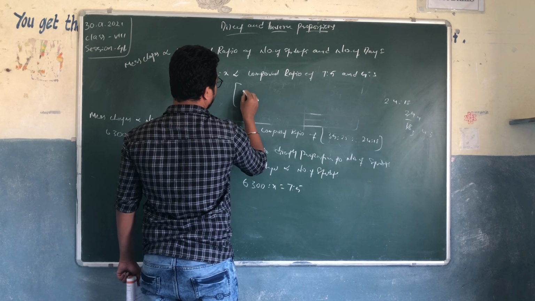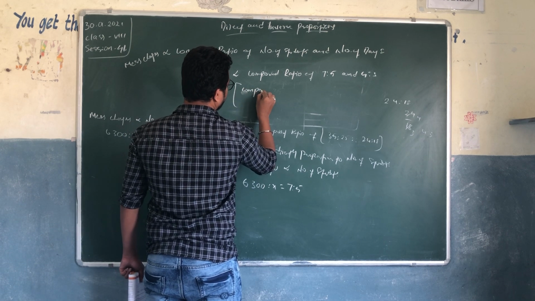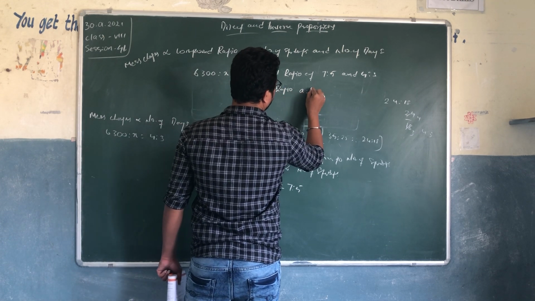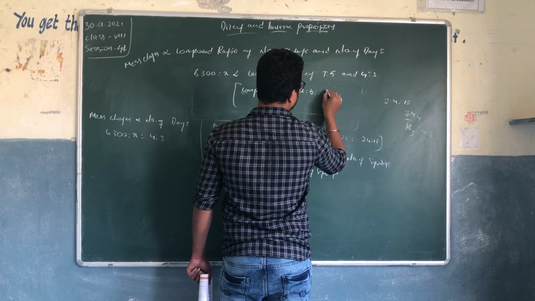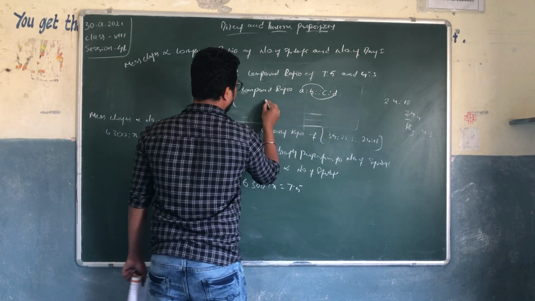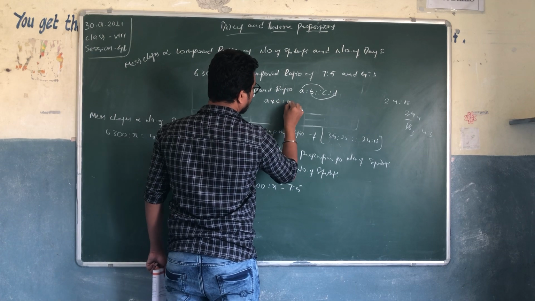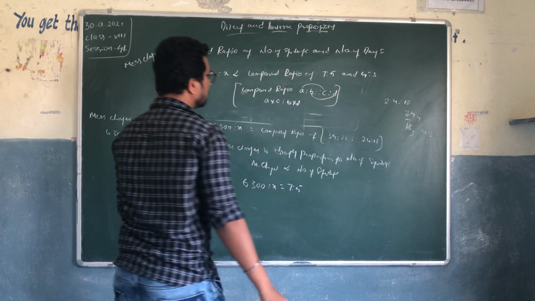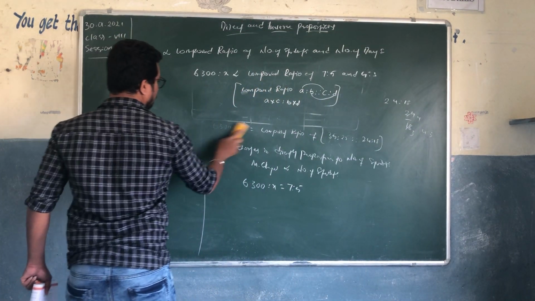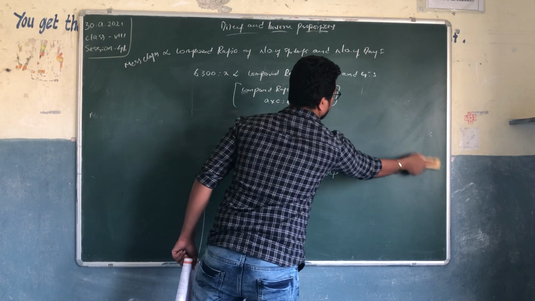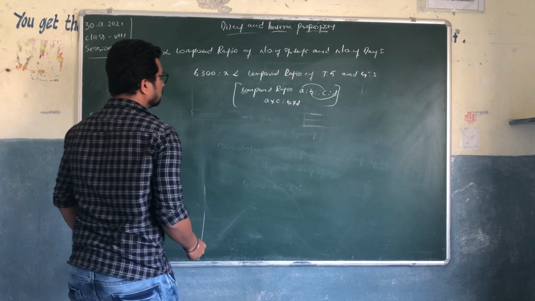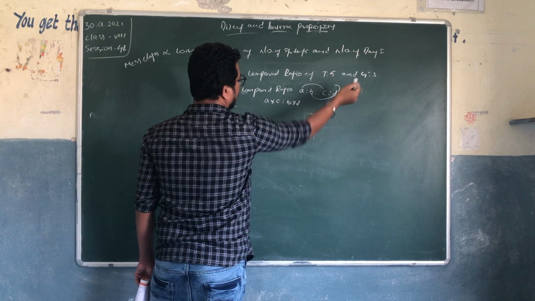To find compound ratio, we assume A is to B and C is to D. This can be written as A into C is to B into D. So let us find the compound ratio.